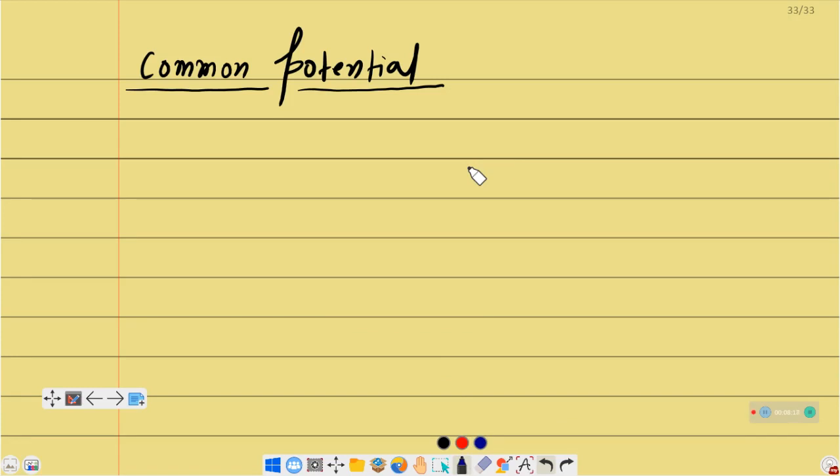Now suppose we are connecting two capacitors with a conducting wire.